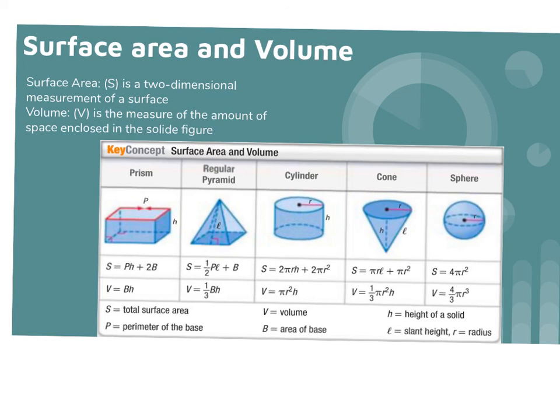So for example, if I say this is a regular pyramid, the length is 7, the height is 8, the base is 5, you can go ahead and find either the surface area or the volume because you know how to calculate it. So just be comfortable and know how to calculate. The practice problems will give you a little bit of practice in that, and so I wanted to just briefly touch on it and then let you practice it on your own.